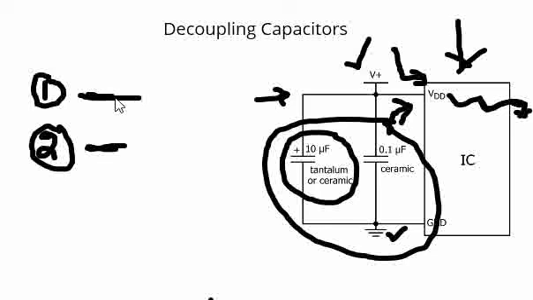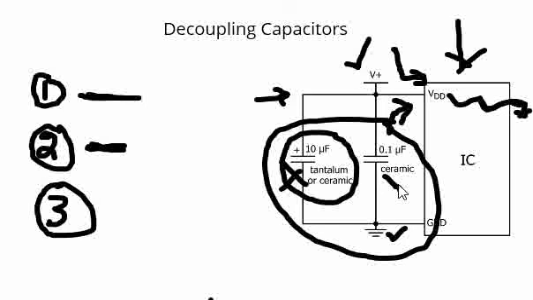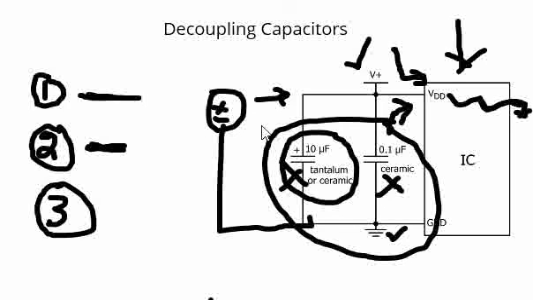The first thing is about the instantaneous current being supplied, which is basically the bank, and the second thing is the noise. The third most important point is, let us assume we don't have this cap, and there is a DC supply which is supplying the voltage, and this IC is switching.